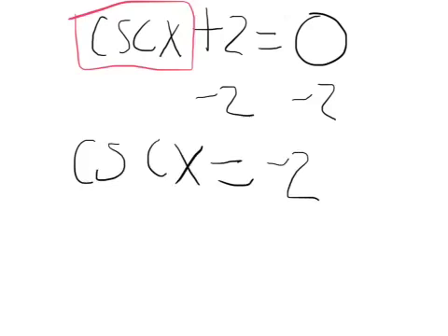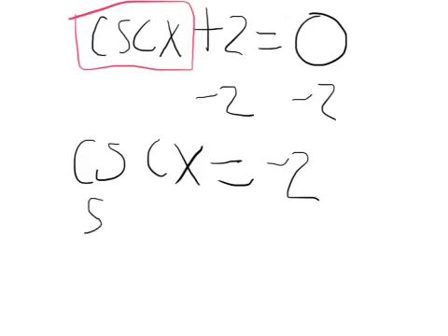Notice how we're solving this like an algebraic equation. You don't really know off the top of your head what angle has a cosecant of -2, so we're going to change it to its reciprocal, which is sine. When you change one side to its reciprocal, you have to make the other side its reciprocal.